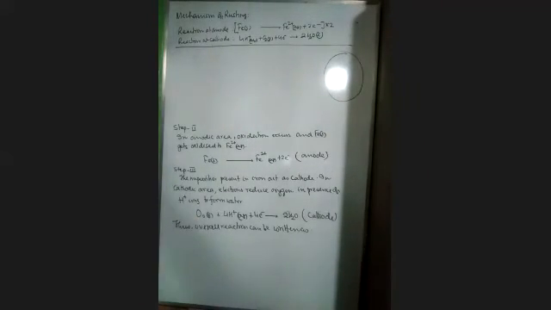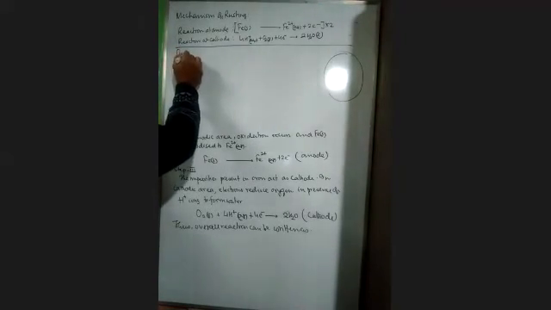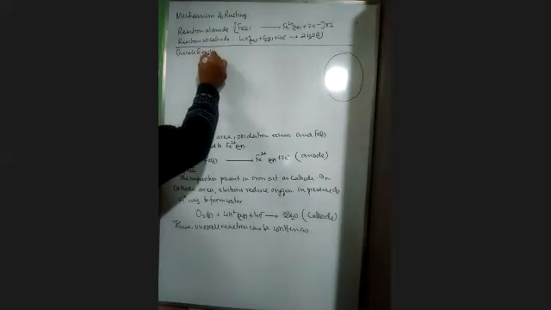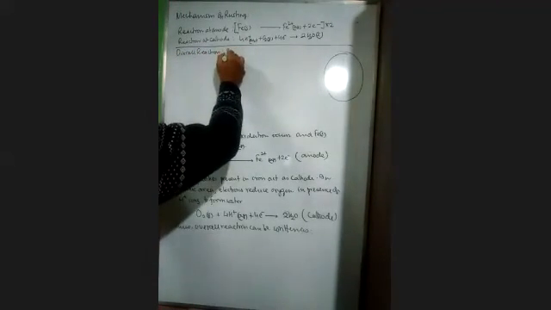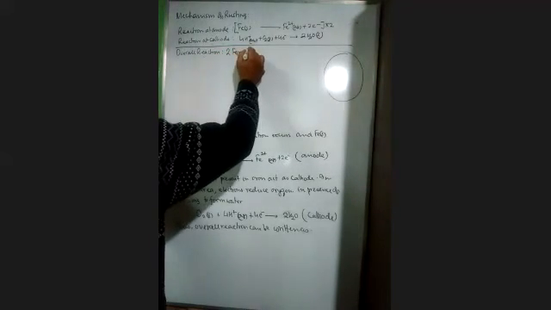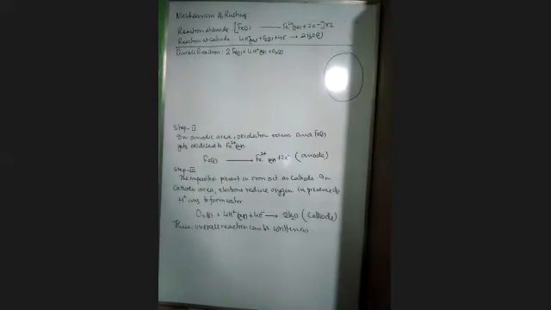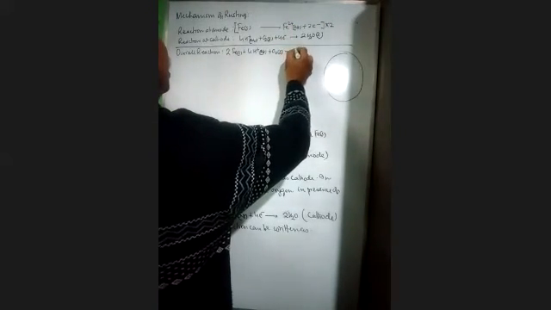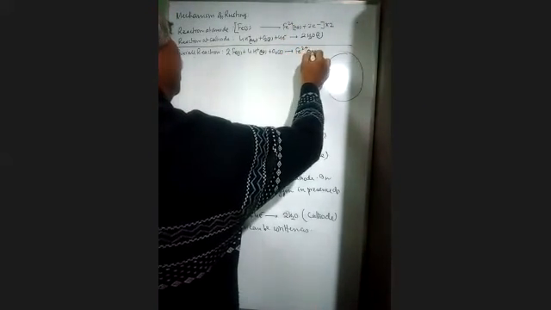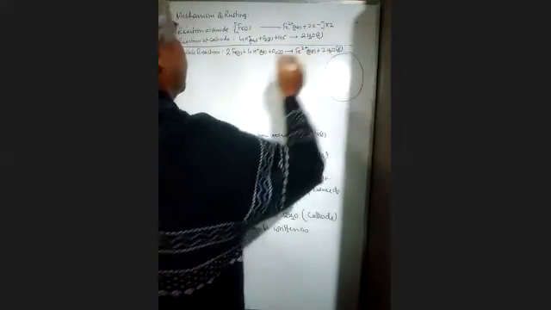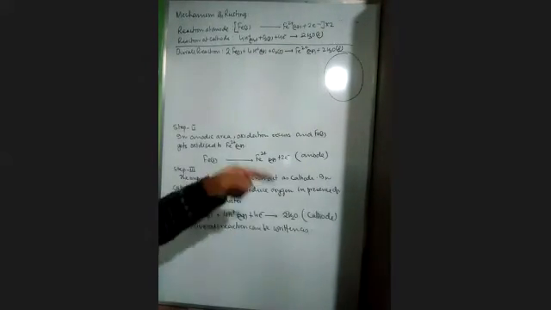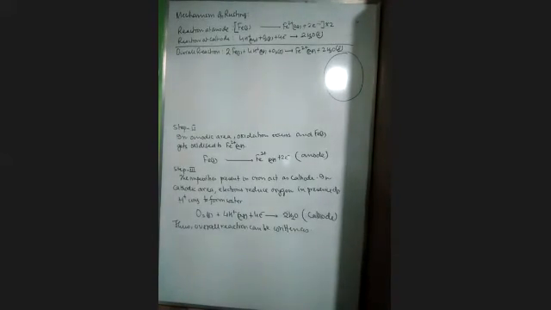I'll add it. This and this will get cancelled. So this is our reaction. Now you can ask me why it is not formed Fe2O3. First it forms ferrous. Then ferrous gets oxidized to ferric. Write down.